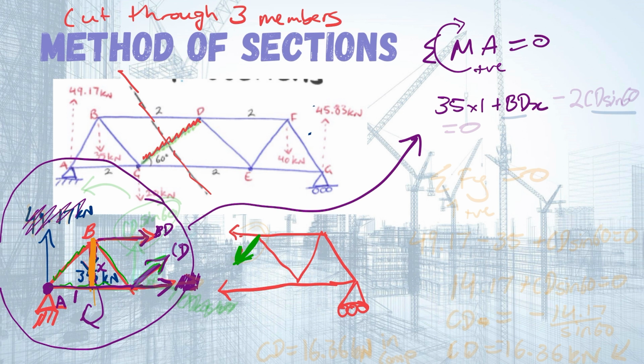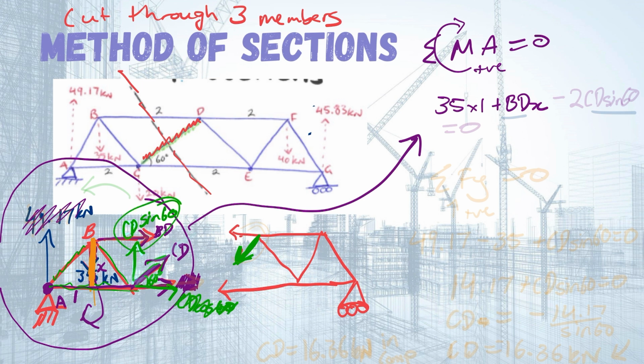And we have CD. We can split this up into two directions. So CD, sorry, that's a bit hard to see. We're going to have CD acting upwards, so that's CD sine 60, remembering that this is 60 degrees, and CD cos 60. And CD cos 60 is acting through that point, so we can ignore it for our moments equation.